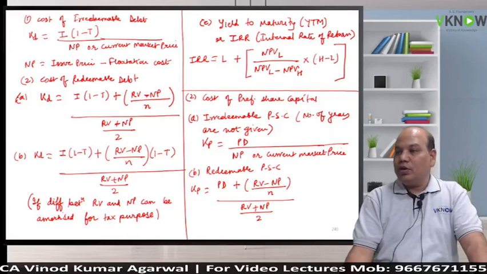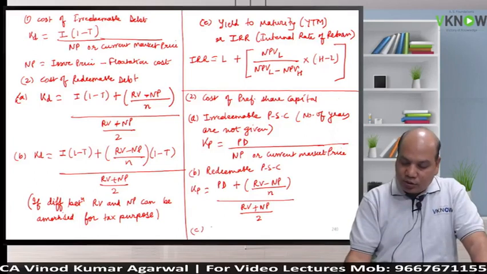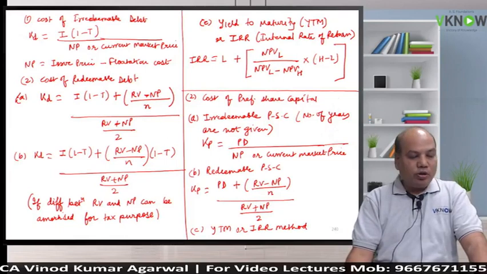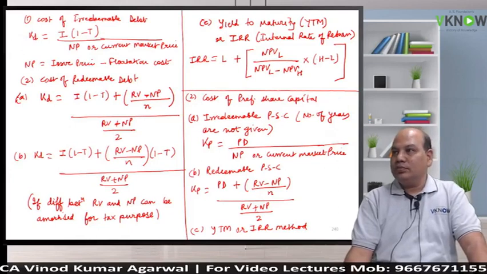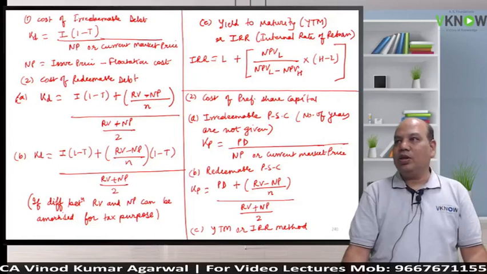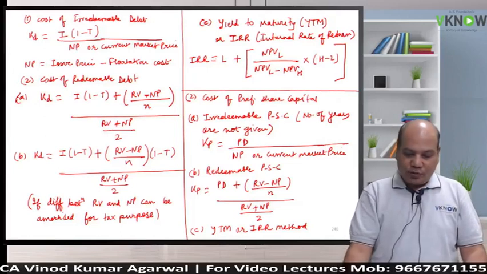If redemption value is not given, assume redemption is at par. And the third method is called YTM or IRR method. Same formula written above for YTM or IRR. If NP and current market price both are not given, then take face value.